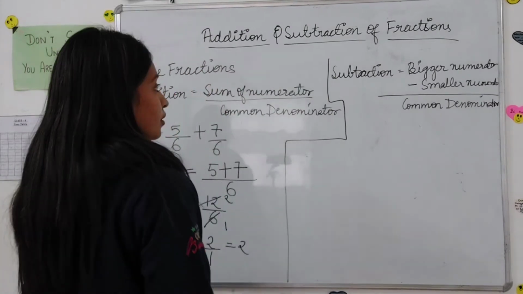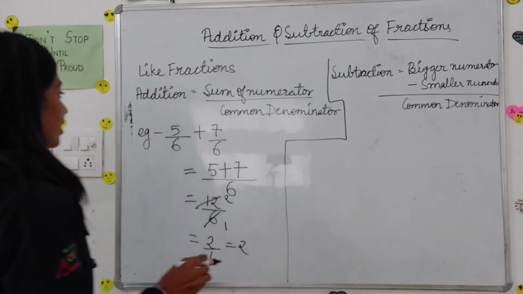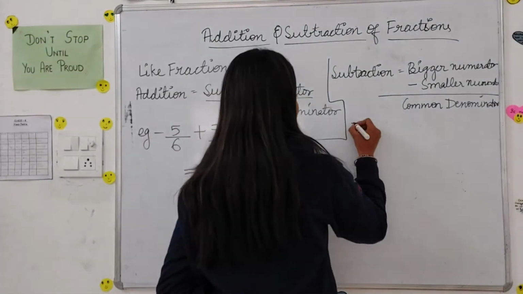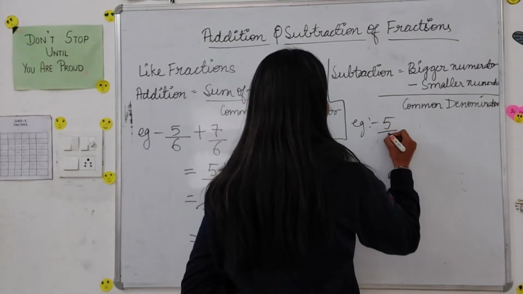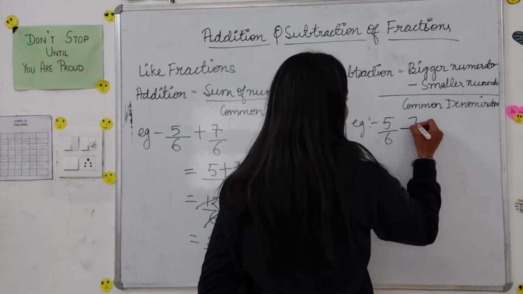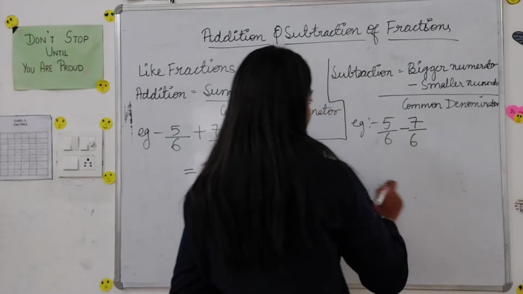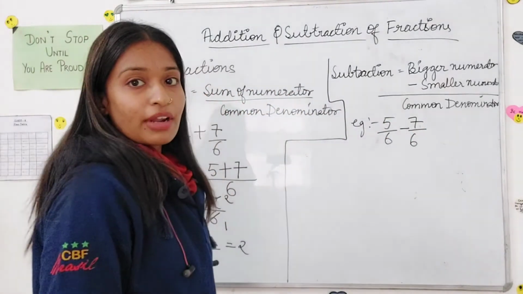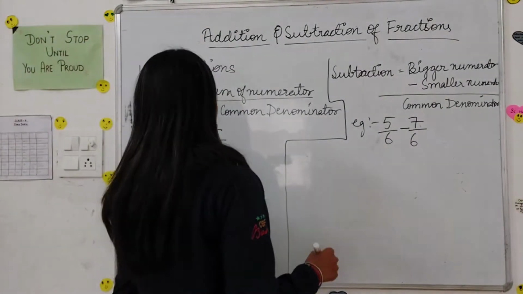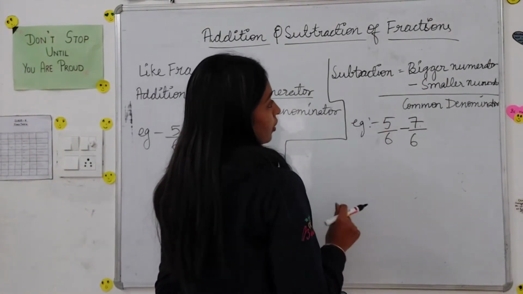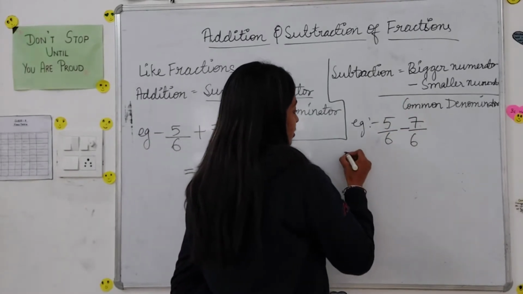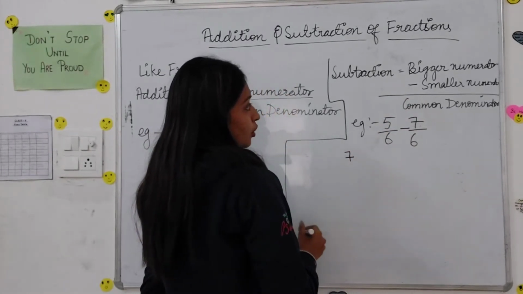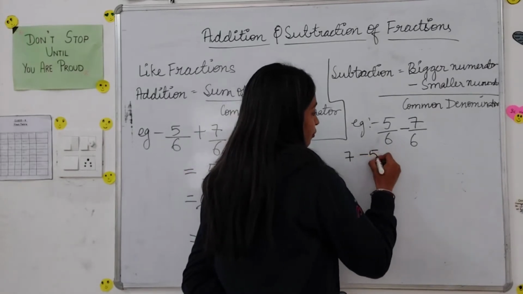Okay, so let's take the same example. Same fractions as example: 5 upon 6 minus 7 upon 6. Now again, these are like fractions. So according to the formula, what is the bigger numerator here? It is 7 and the smaller numerator is 5.